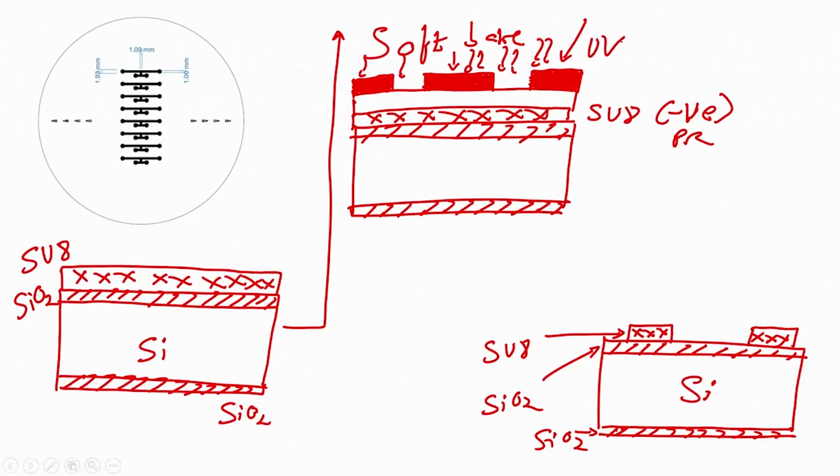When you perform UV exposure, next step would be hard bake, not developer, okay, hard bake. After hard bake, which is at 95 degree centigrade for a particular time depending on the thickness of SU8, next step would be developing. Sorry, the entire mask is like this, entire mask is like this. Right.